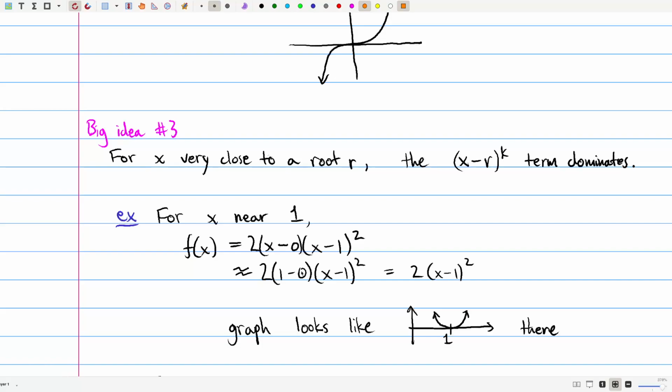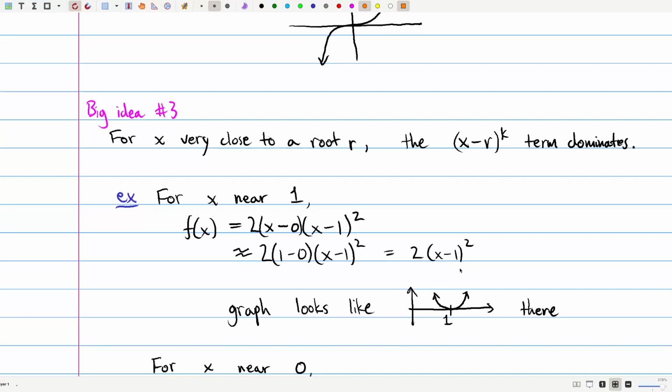And then if we make that approximation, we're left with 2 times x minus 1 squared. And so what that gives us is this approximate graph that works for x near 1. And remember, x minus 1 squared is the graph of x squared shifted 1 unit to the right.